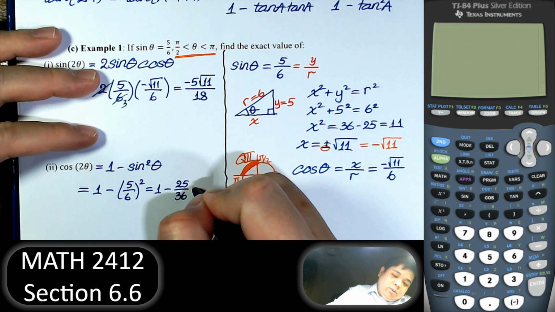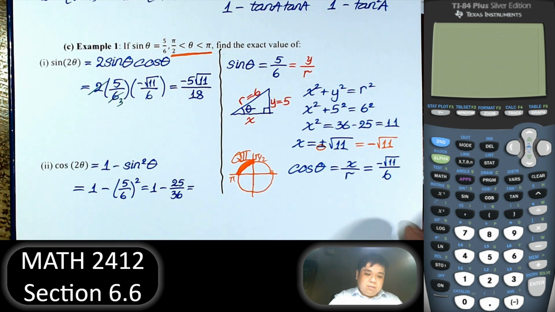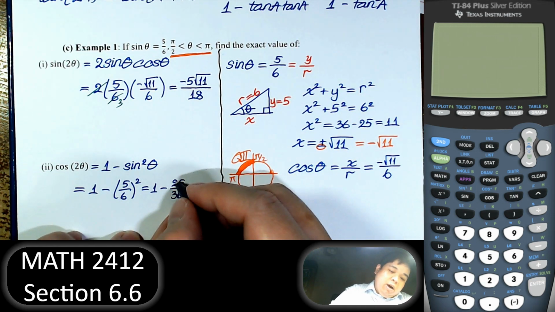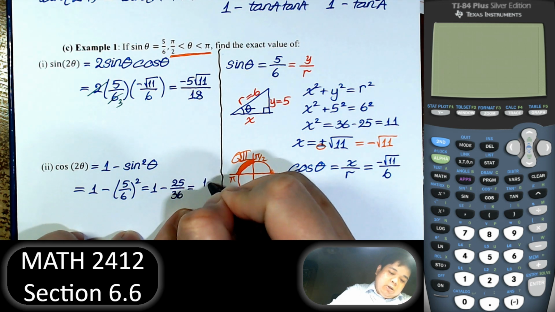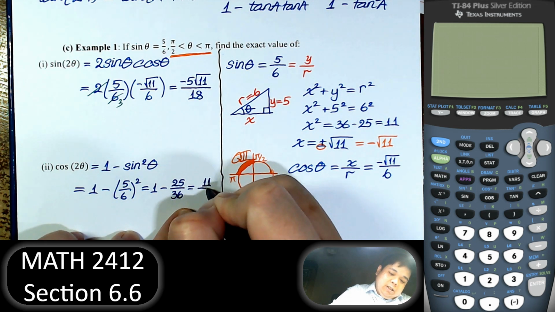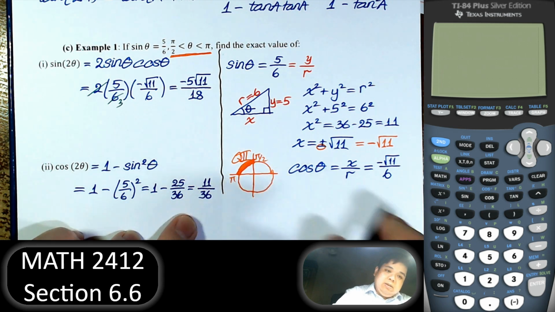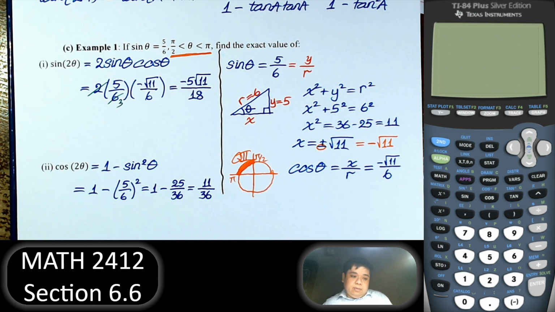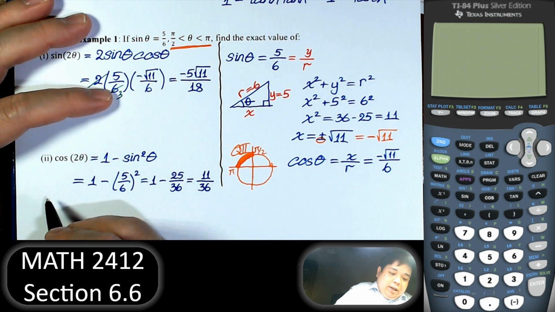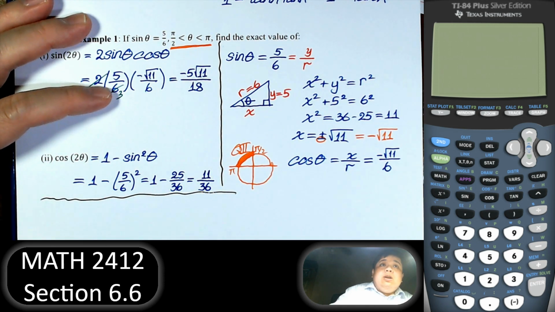Common denominator, we have 36 minus 50, so that's negative 14 over 36. That's simple enough.